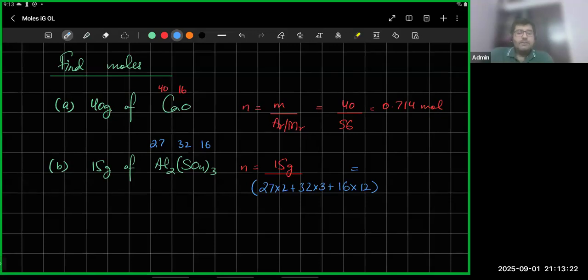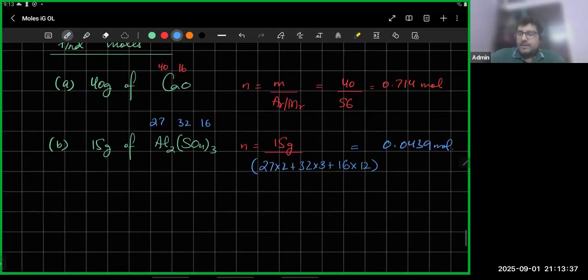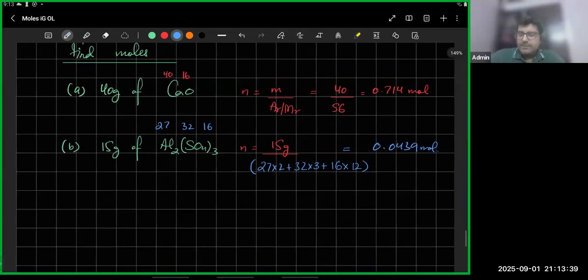Yeah, MR, what's the MR? 0.04, ठीक है. 0.0439 moles, ठीक है. So the trouble is that you have to be very careful with the MR because if you got the MR wrong, the whole question would be incorrect.